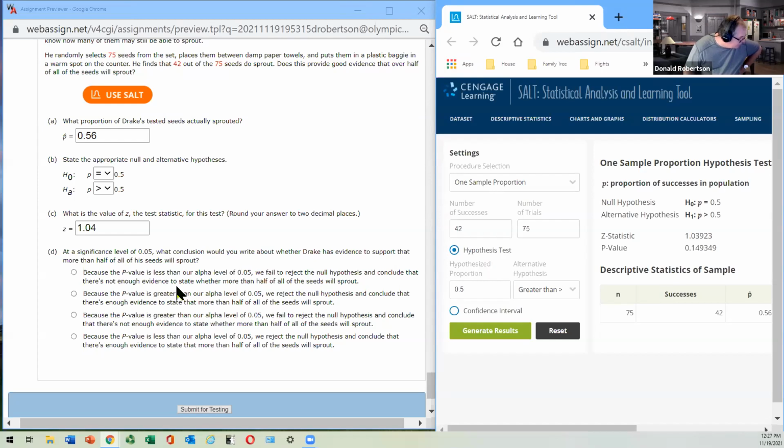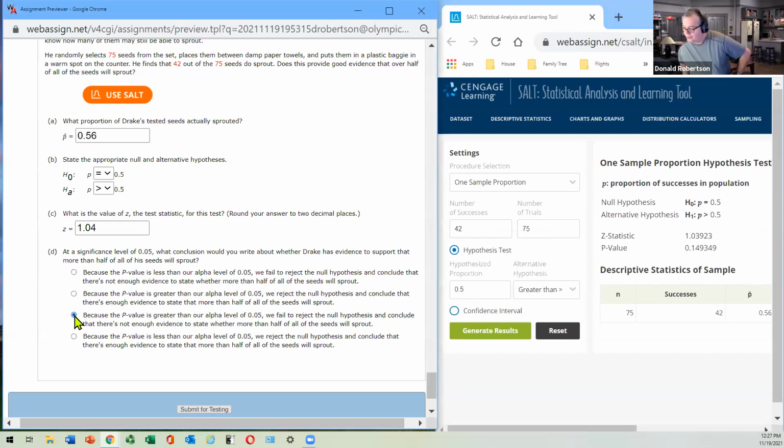Because the p-value is greater than that number, we fail to reject the null hypothesis and conclude that there's not enough evidence. So it's that sentence there. It's the one we should be going for.